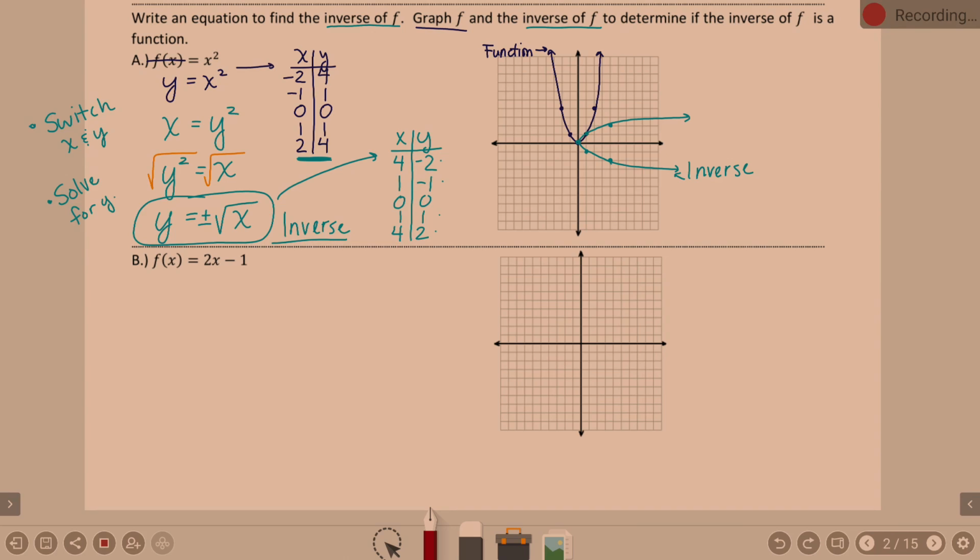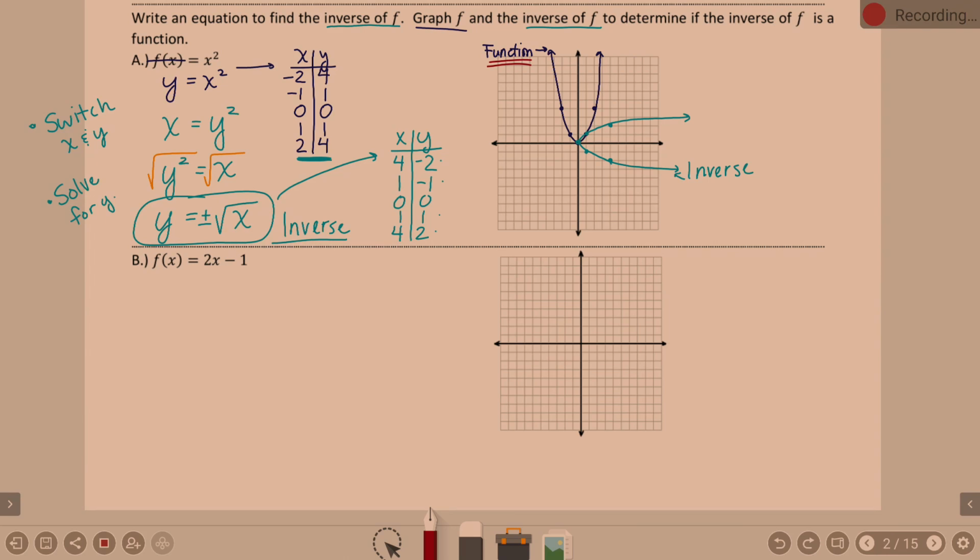I want to talk about the reflection line, but before we do that, let's talk about what's functions here, what's not functions. Is my original piece a function? And I just realized I called it a function earlier without thinking. It is a function. For one, my x values do not repeat. So this one is a function.